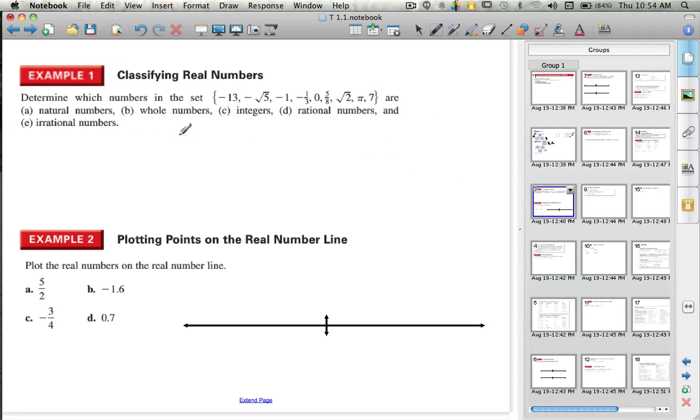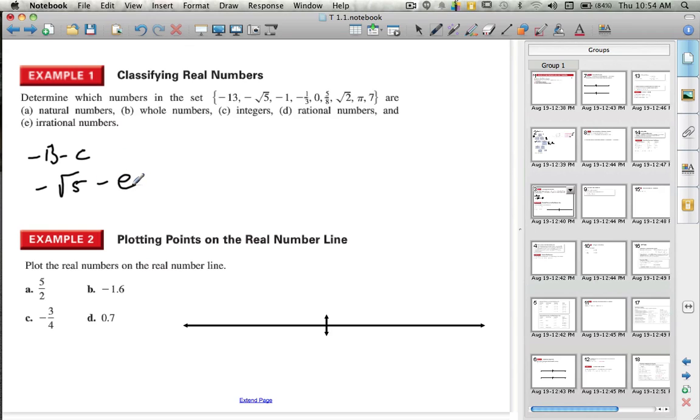When we start talking about classifying numbers, look at things like natural numbers, whole numbers, integers, rational numbers. Well, -13 is not natural, and it's not a whole number because those don't include negative numbers, but it is an integer. When we look at the opposite of the square root of 5, well, the square root of 5 is an irrational number.